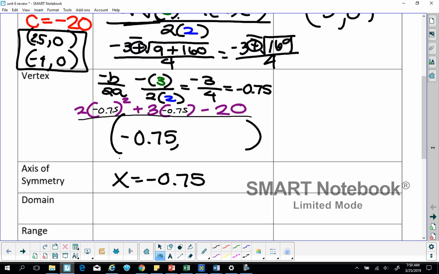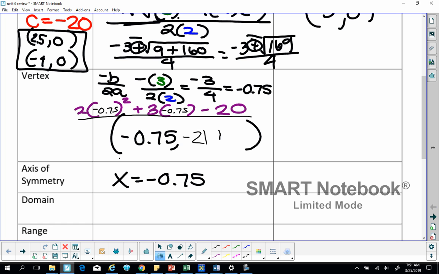Don't do any math beforehand. And get your y-coordinate. What does your answer end up being? Anyone get it? Yeah, I got -21.125.